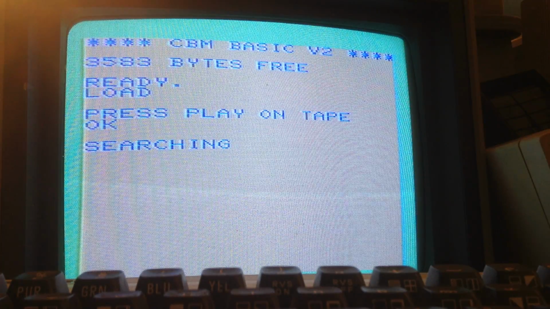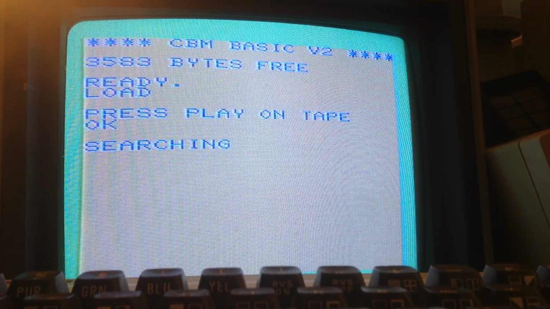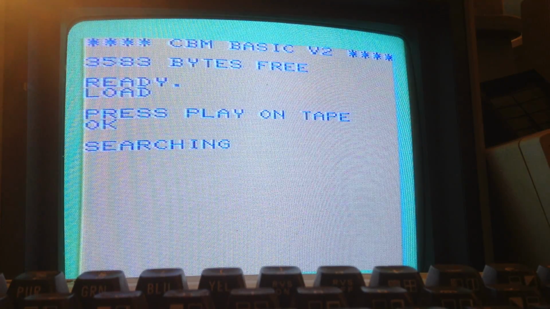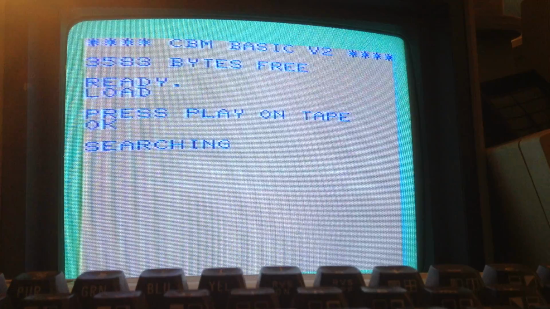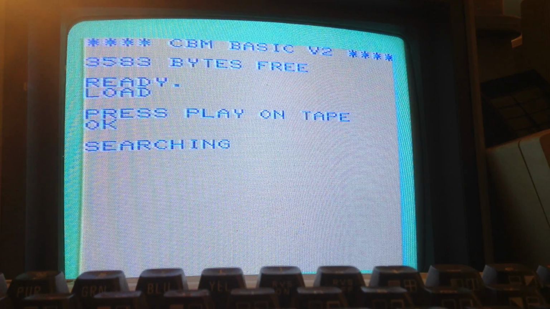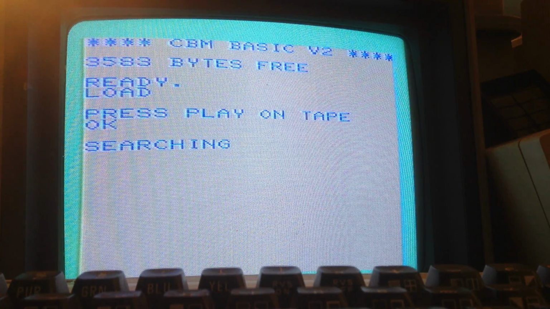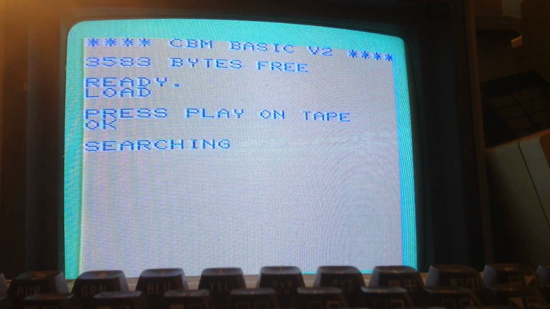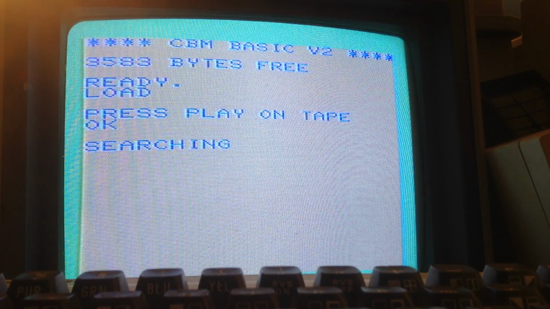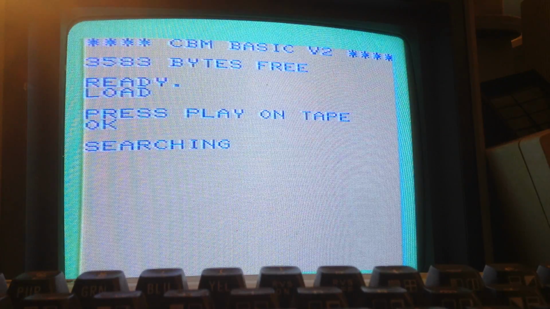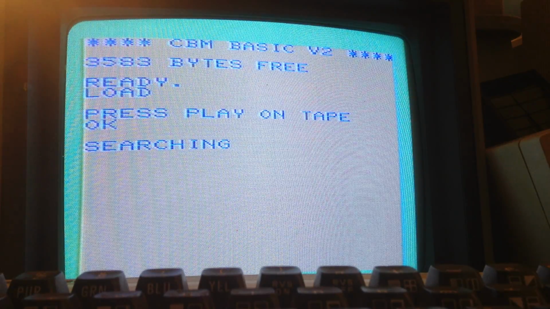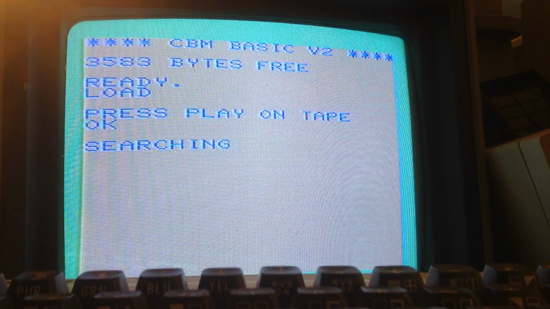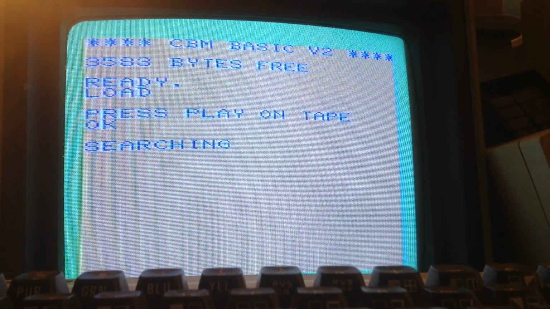But once again, we must remember these tapes are 30+ years old. Actually, if I grab the packaging, I can probably see, maybe, when this was brought out. Well, or not. Now this says searching and searching and searching, and I think we're on another dead end here. Because it should have found something, I think, by now.